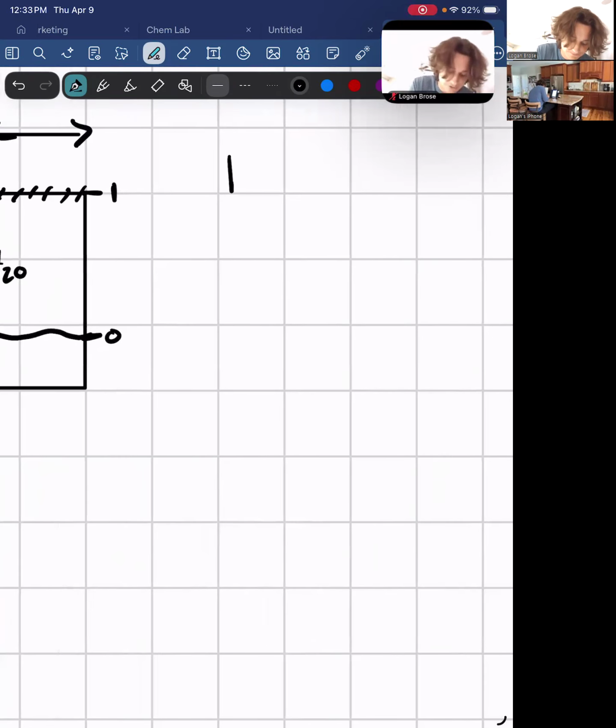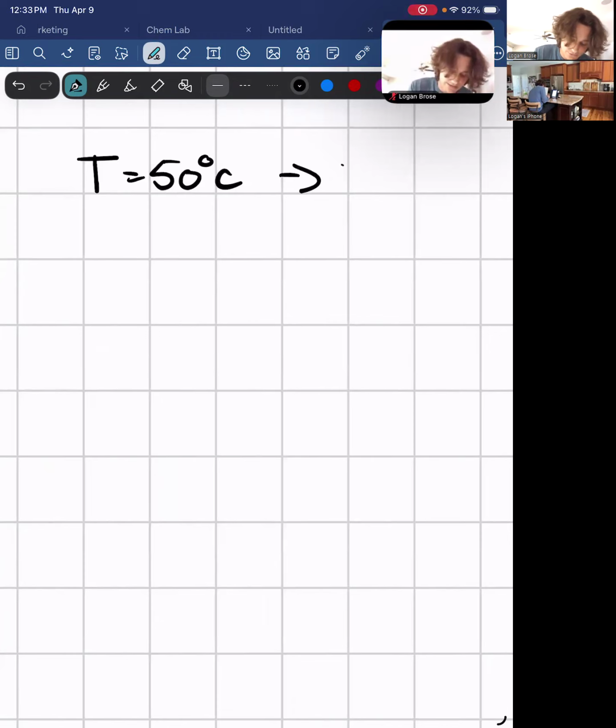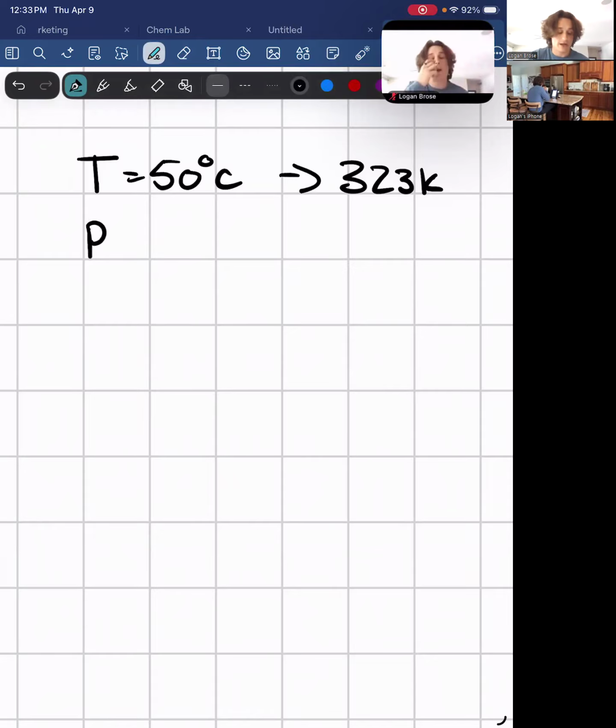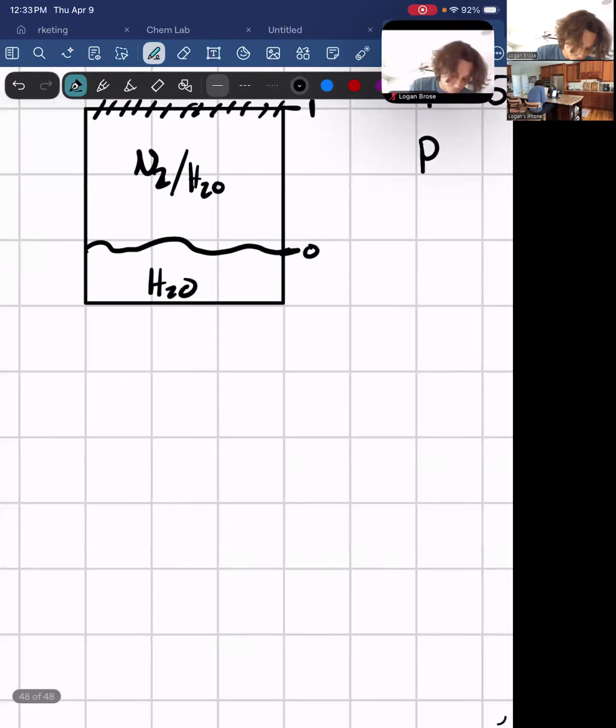Our temperature for this example equals 50 degrees Celsius. Now that is 323 Kelvin, right? We want it in SI units. Our pressure, which we are at steady state, right?